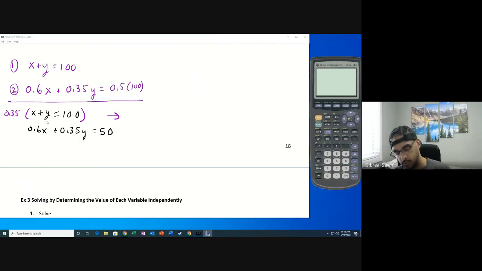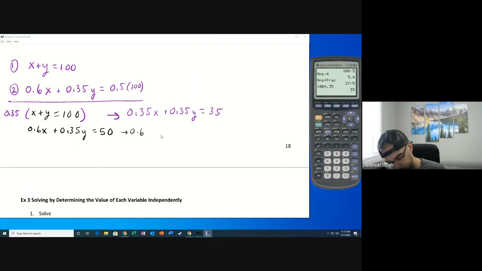That's going to change our first equation to be 0.35x plus 0.35y. Now that's going to equal 35. And again, if you're not confident in that multiplication step I just did, there we go. So 35, it does work out. Second equation has not been altered, so let's write it originally.